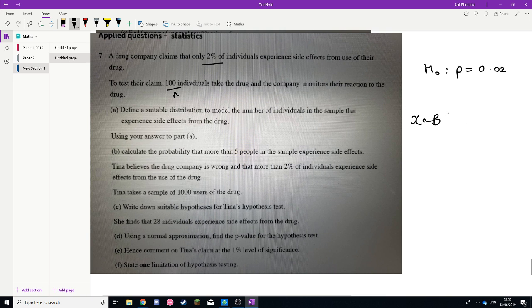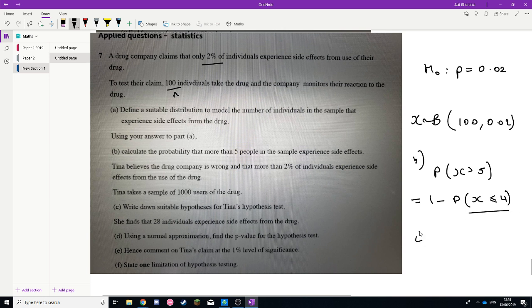Suitable distribution: binomial. Work it out on a calculator, I guess.